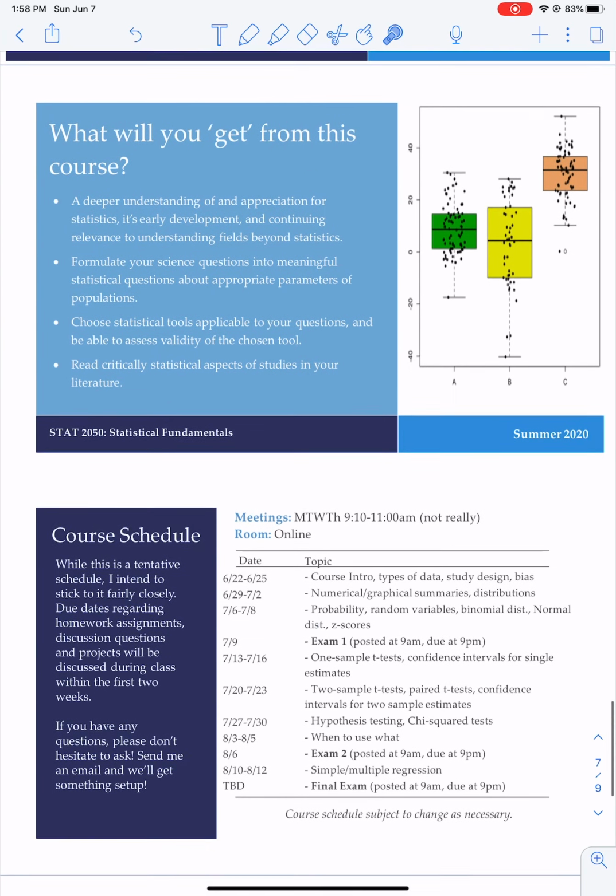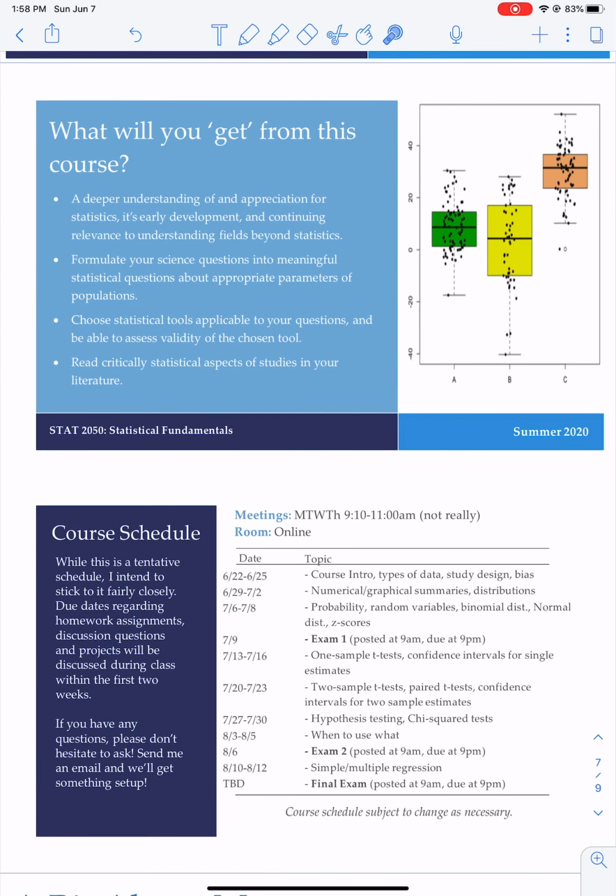All right. So what will you get from the course? You'll just get, hopefully, an appreciation for stats. Because honestly, statistics is so garbled up and made very complicated, and I don't think it really needs to be. So I try to teach it from a more holistic point of view rather than all math all the time. So hopefully that vibes with you too. If it doesn't, then I can show you the math.